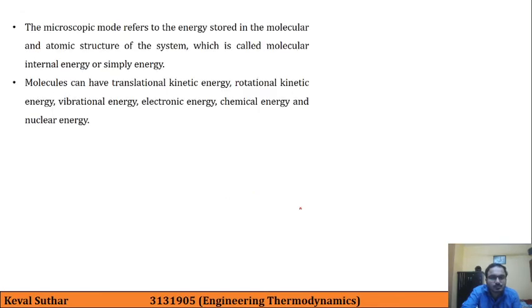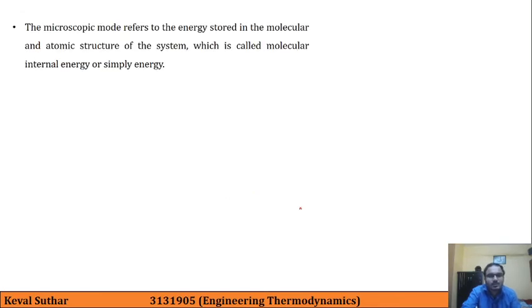Now the microscopic mode. The microscopic mode refers to the energy stored in the molecular and atomic structure of the system, which is called molecular internal energy, or simply the energy.